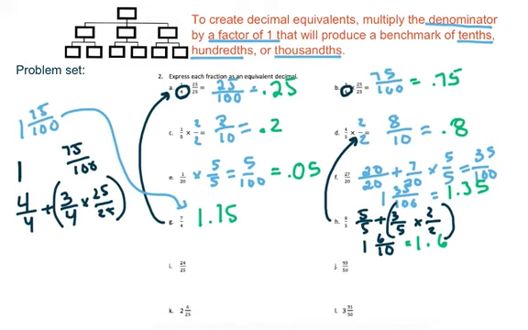All right, so close, almost done here. We have 24 25ths. How do I get 25? Well, I'm not going to go to 10, but I can go to 100. So what would I multiply 25 by in order to make it 100? I'm going to have to multiply by 4.